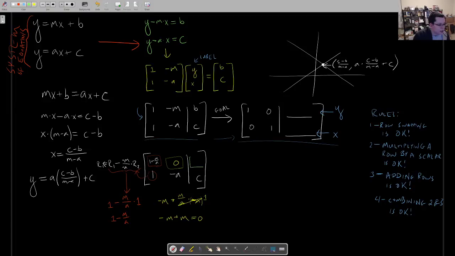And then we're going to take this, and we're going to do this one. So this value was b, so take b, subtract m over a times c. Well, it doesn't get much better than that. C times m over a. We could simplify that, I guess. Probably not. We'll leave it like that for now.